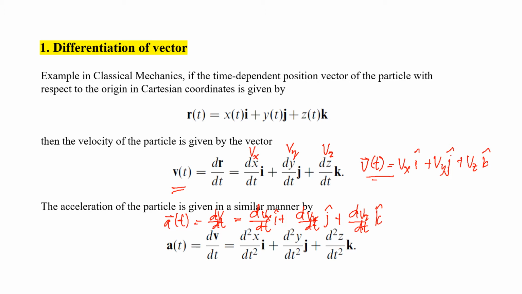So that makes your acceleration the second time derivative of your time-dependent position vector. This is a classic example of the differentiation of a vector in application to classical mechanics.